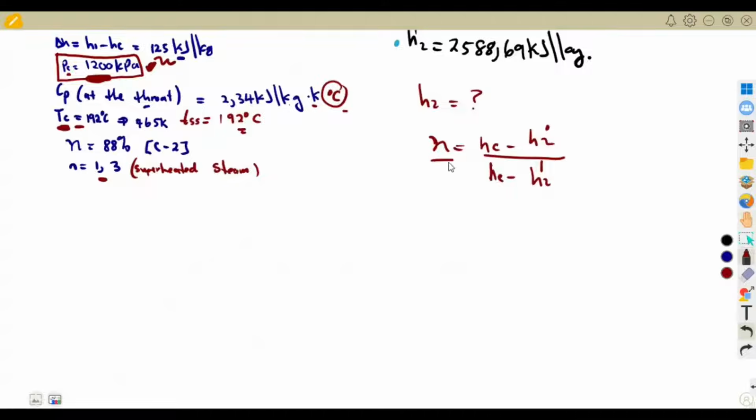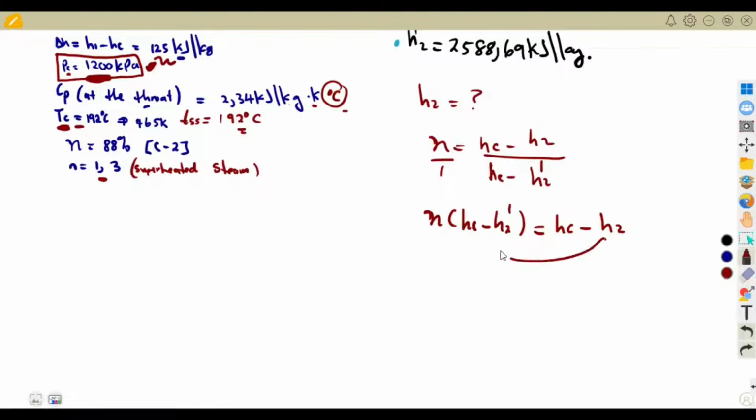Okay. Let us go back to our mathematics. We're going to cross multiply. So it's efficiency times HC minus H2 bar is equal to HC minus H2. Remember, we want to calculate H2.